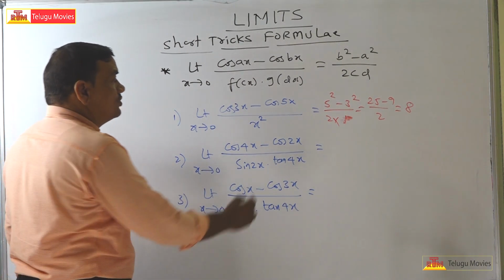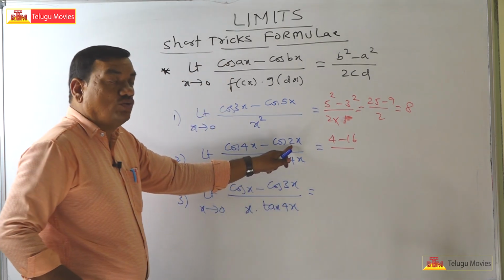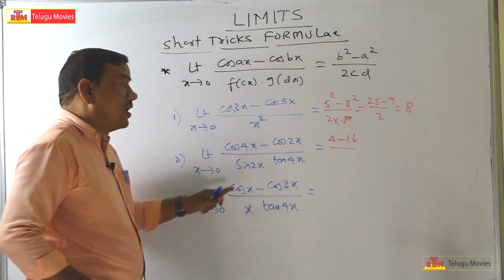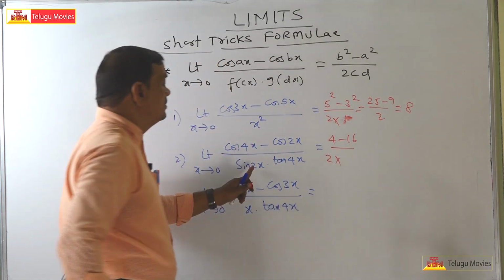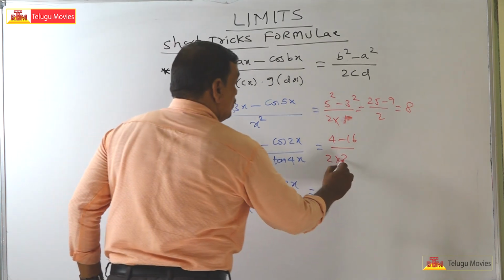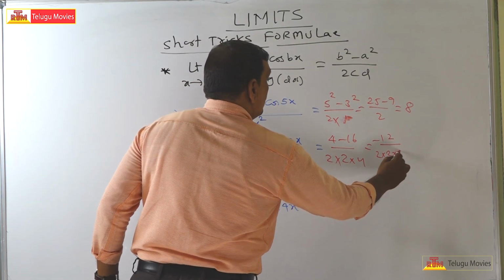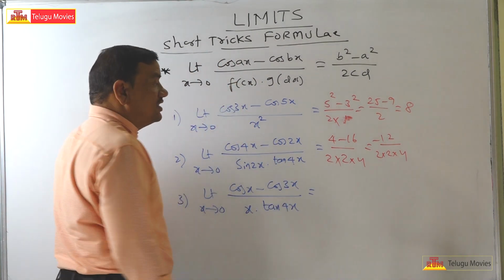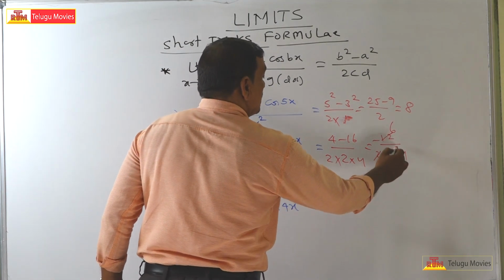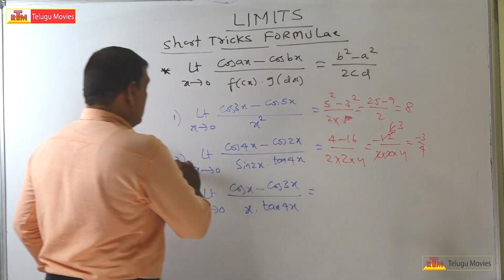Like that here also: 2 square, 4, minus 16, that is 2 square minus 4 square, upon 2 times 2 into 4, the coefficients. That is minus 12 by 2 into 4. After cancellation, minus 3 by 4 is your answer for this problem.